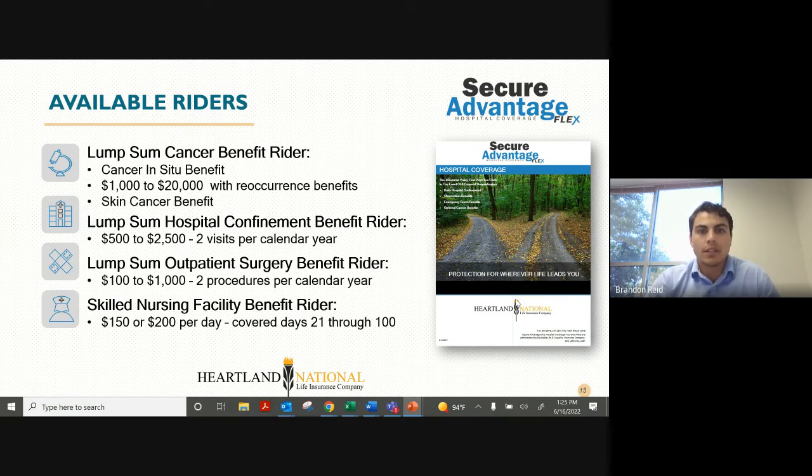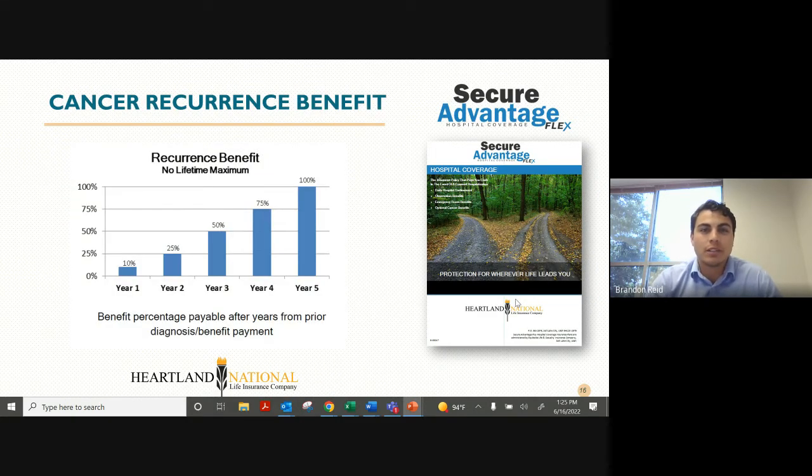Now, on the topic of the cancer benefit, that benefit ranges from $1,000 to $20,000 in benefit. And we have a built-in recurrence benefit. So you don't have to pay anything extra for this benefit. For a $5,000 cancer benefit at 65, you'd be looking at about $15, $16 a month in premium.